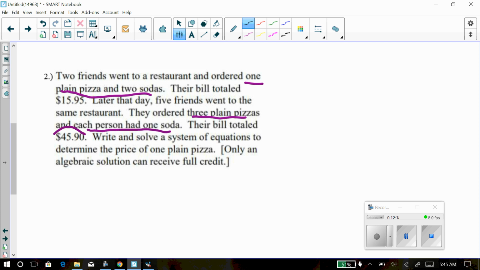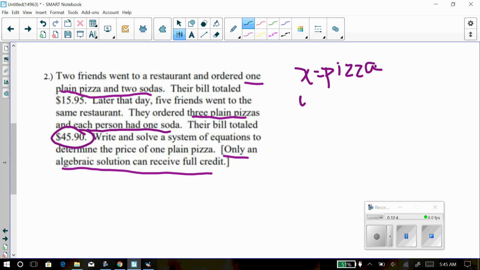Their bill totaled $45.90. Write and solve the systems of equations to determine the price of 1 plain pizza. Now here it does say only an algebraic solution can receive credit. Let's say here that I can set up a system of equations, which we can. So let's make x pizzas, y soda.